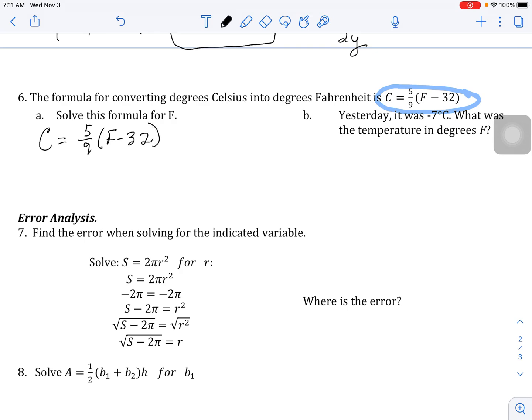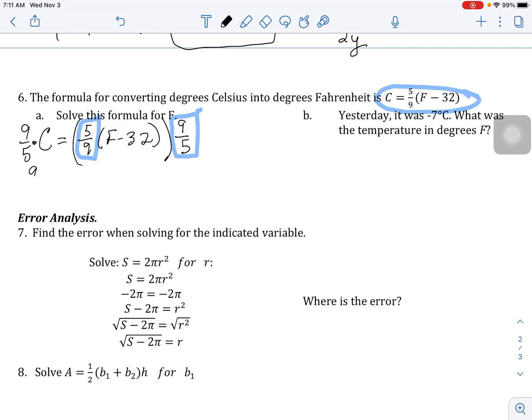So the first thing I'm going to do is undo the fraction. So I'm going to do what I did in that other problem, and multiply by the reciprocal on both sides. When you multiply 5 over 9 times 9 over 5, they divide away because they are reciprocals. So it turns into 1.